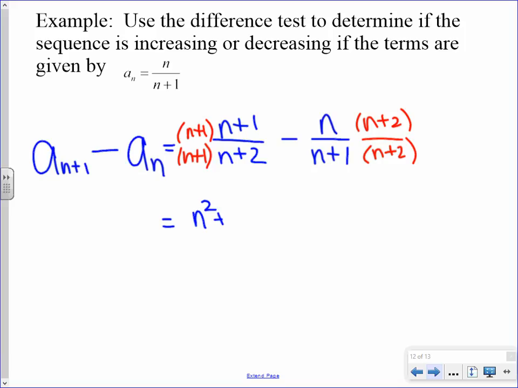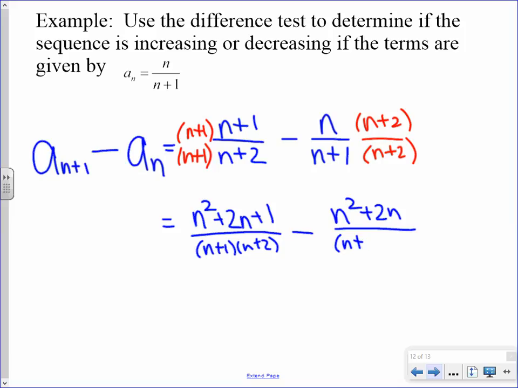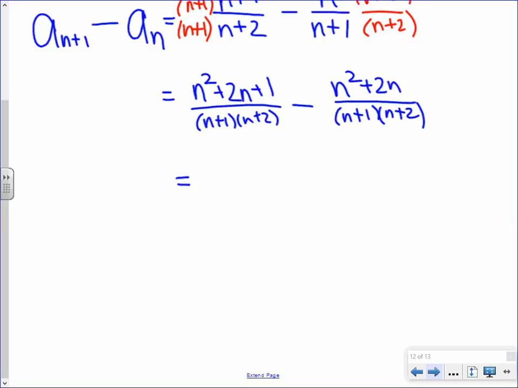We have n squared plus 2n plus 1 over our common denominator, and we're subtracting n squared plus 2n over our common denominator. When we subtract, what are we left with in the numerator? 1.